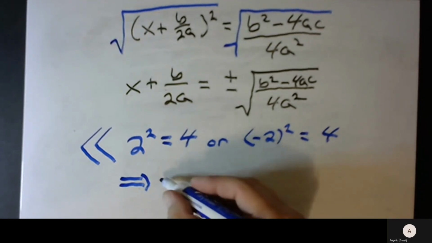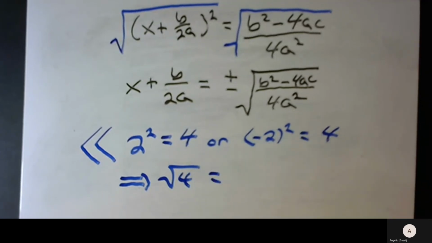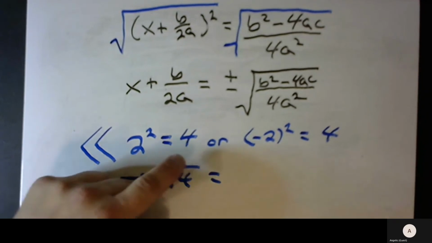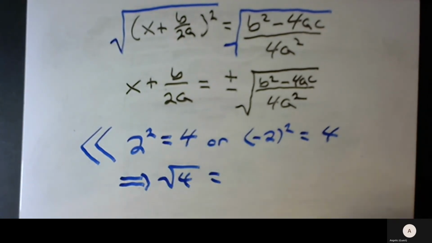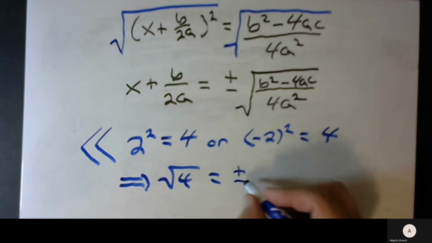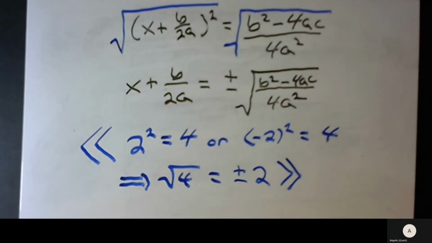So what this means, if you take the square root of 4, there's 2 possible numbers. We could have squared a 2 to get 4. We could have squared a negative 2 to get 4. So positive 2 or negative 2 could be our answers there. So that's why that plus or minus is there. It's a kind of a consequence of the arithmetic.